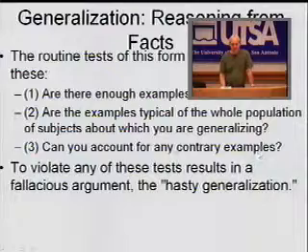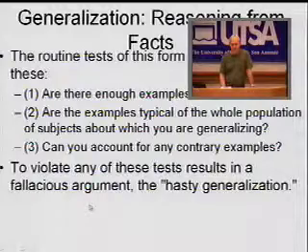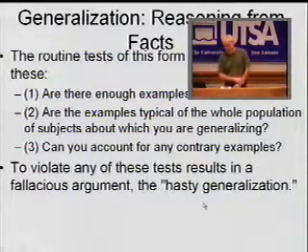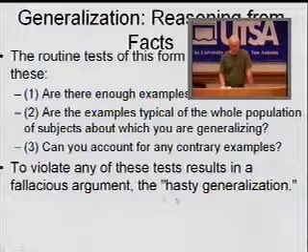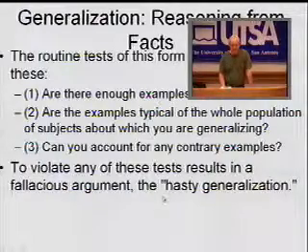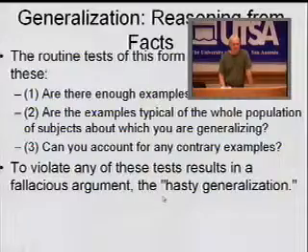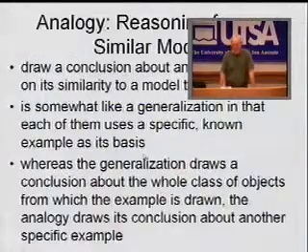So can you account for any contrary examples? If you violate any of these tests, the result is a fallacious argument, the hasty generalization, which I think happens very frequently, especially in the news media. And it probably won't change. It'll be a fair generalization for eternity. Did I just reason from generalization there?